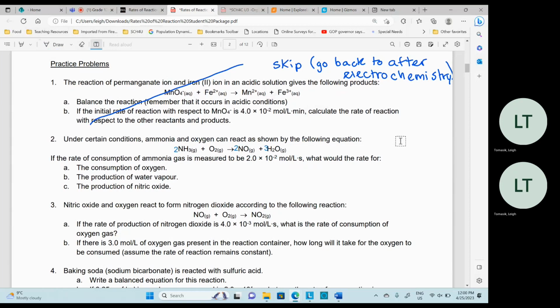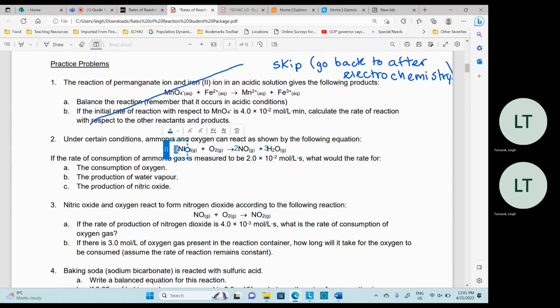So that's not going to work. If you have an odd number of oxygens on the product side and you have O2 on the reactant side, what you have to do is multiply everything by 2.